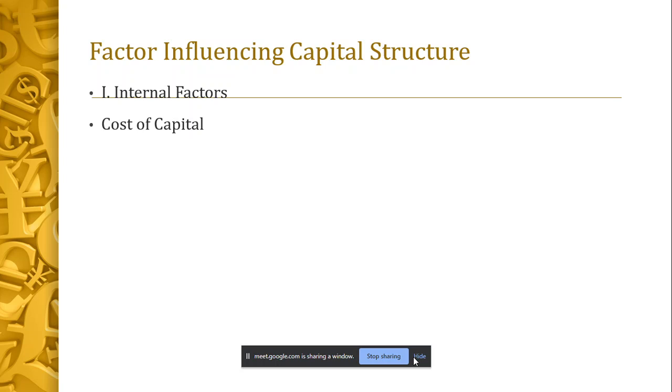Now this cost of capital, it is not just that we have to understand the current cost of capital, but both the current and the future cost of each of the potential sources of capital should be estimated and should be compared. Why is it necessary that we estimate?